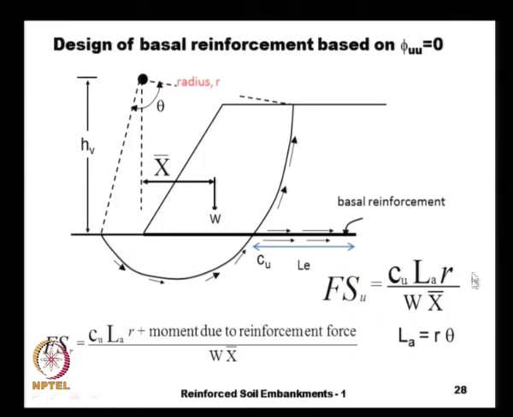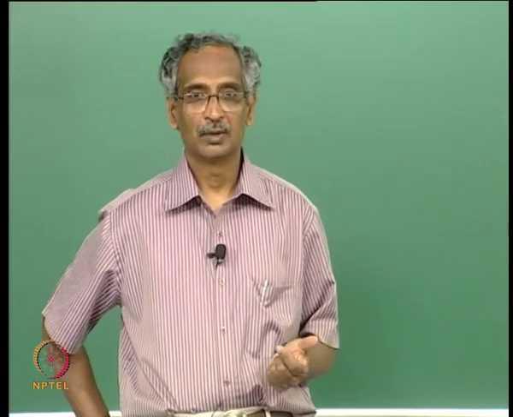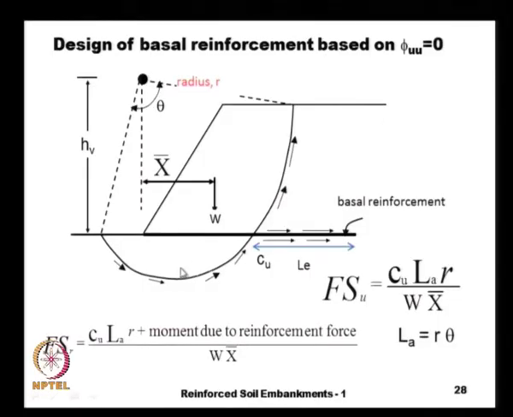And suppose this factor of safety is not adequate for our construction purposes, we can add in some basal reinforcement, and that can increase our factor of safety. The typical factors of safety that we aim for are about 1.3 to 1.5, depending on the importance of the structure that we are building.